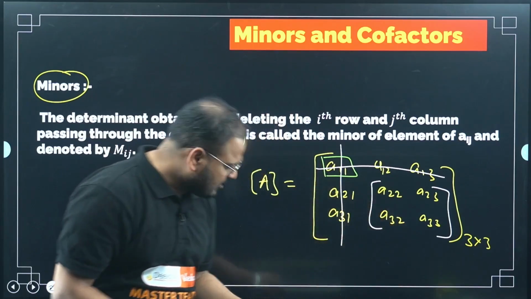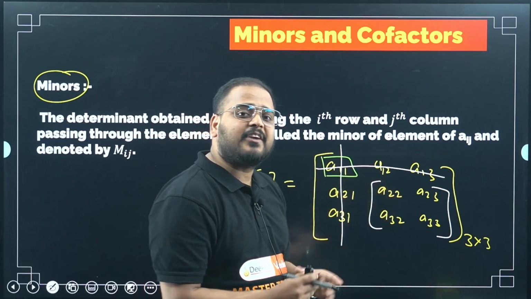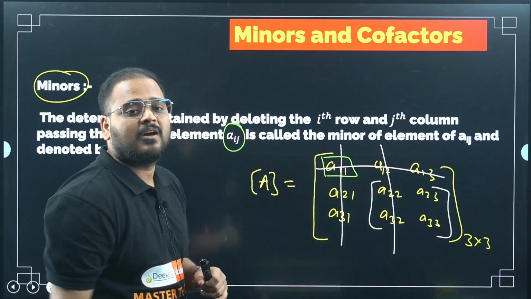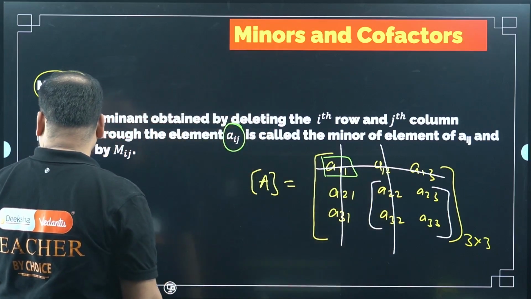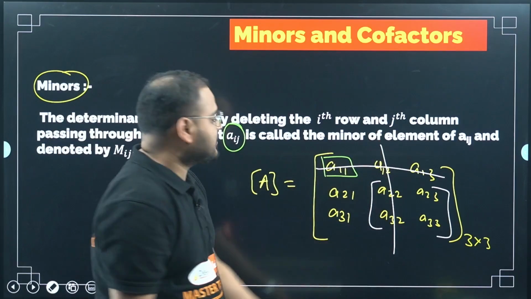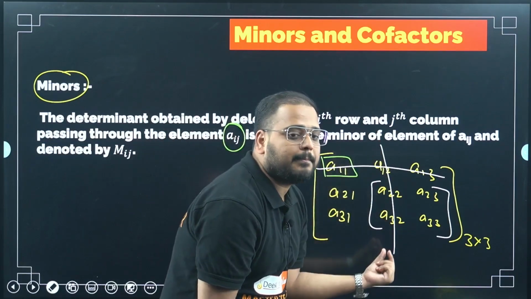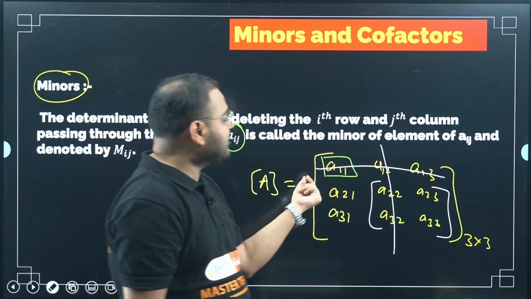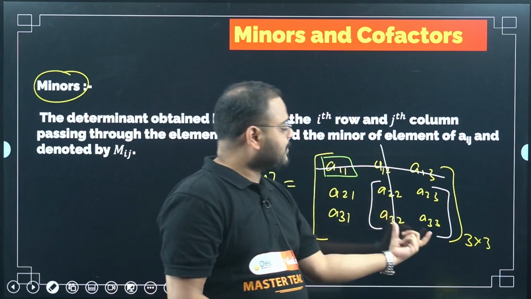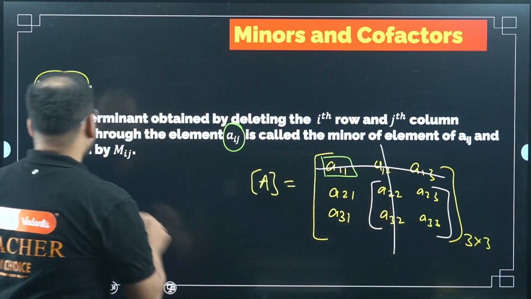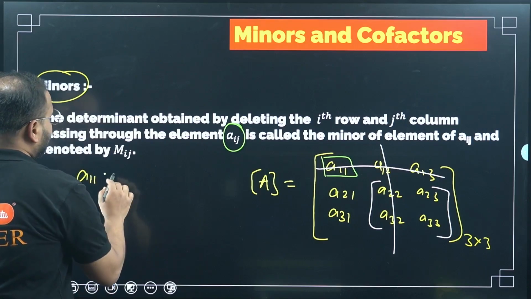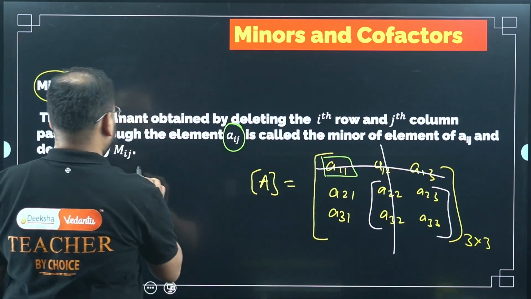So you can see from here, for the element A12, I'll have a different minor. How, sir? Because in this case I will remove this column. For the element A12, I will not have this column because A12 is contained in the second column. So A11 was contained in the first row and first column, so I removed column 1 and wrote this part as my minor.